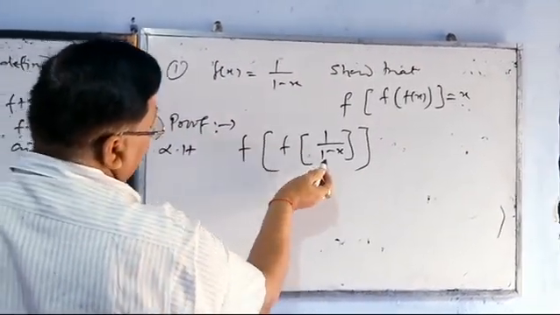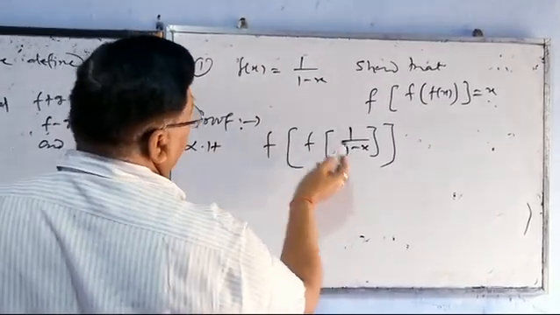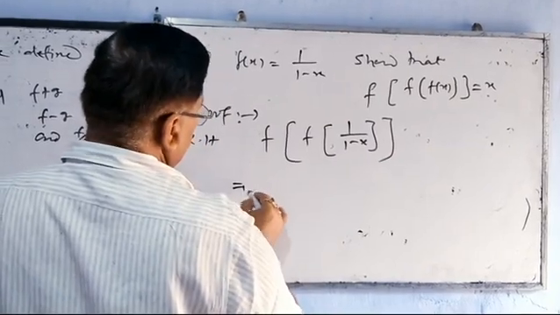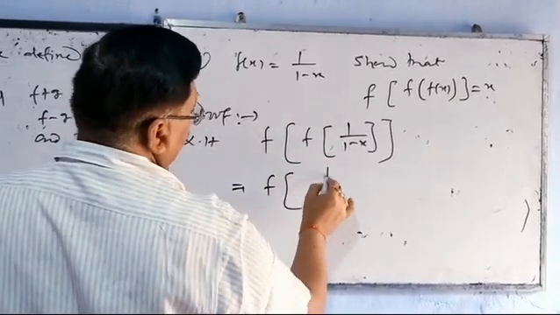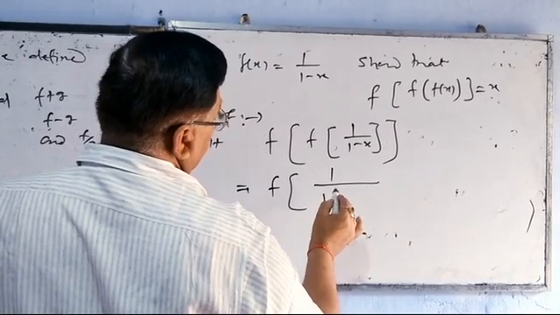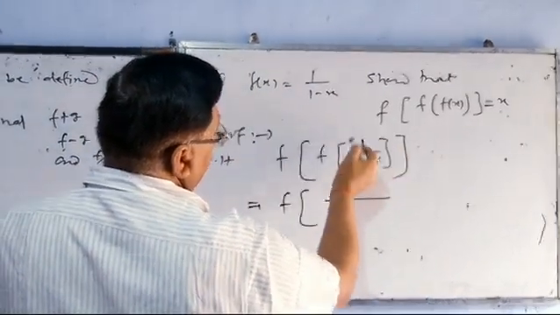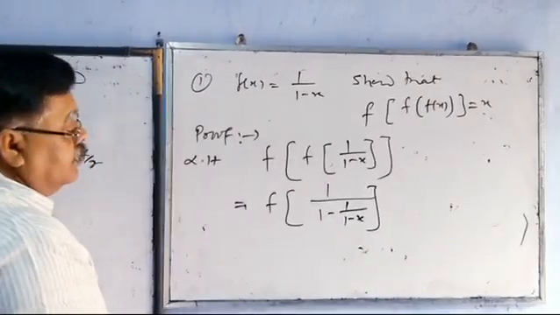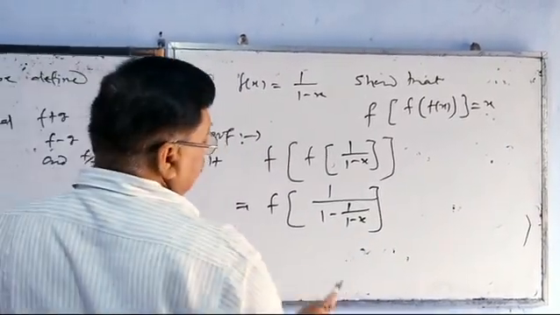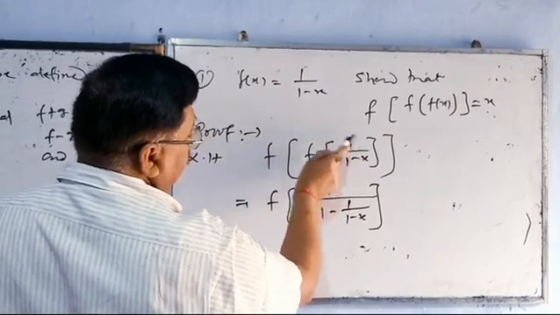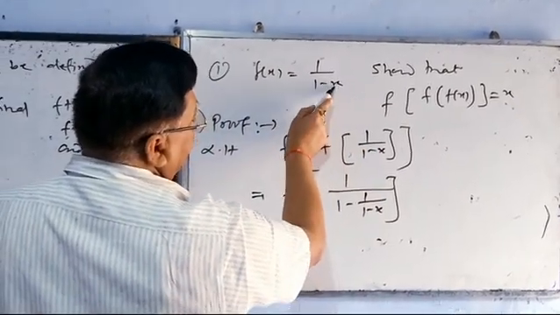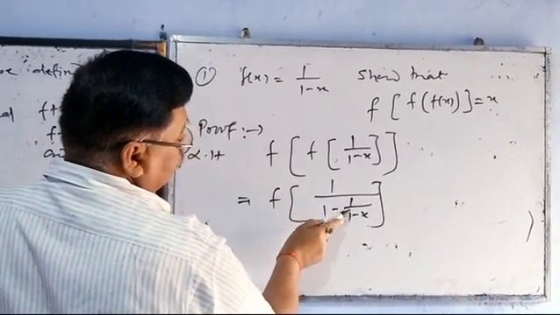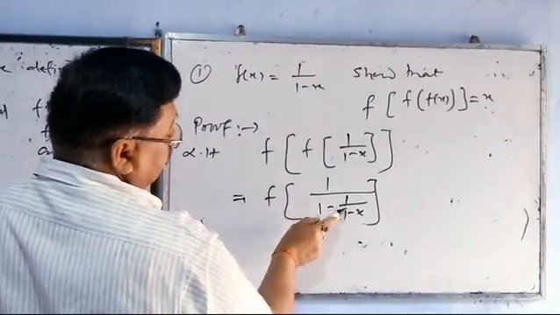Again, at the place of x in this value, we write 1 by 1 minus x. So this will be f of 1 by 1 minus (1 by 1 minus x). Here we have to concentrate, my student. This is the value of x, so at the place of x we write 1 by 1 minus x. Here you have to keep in mind, this is a very vital thing.